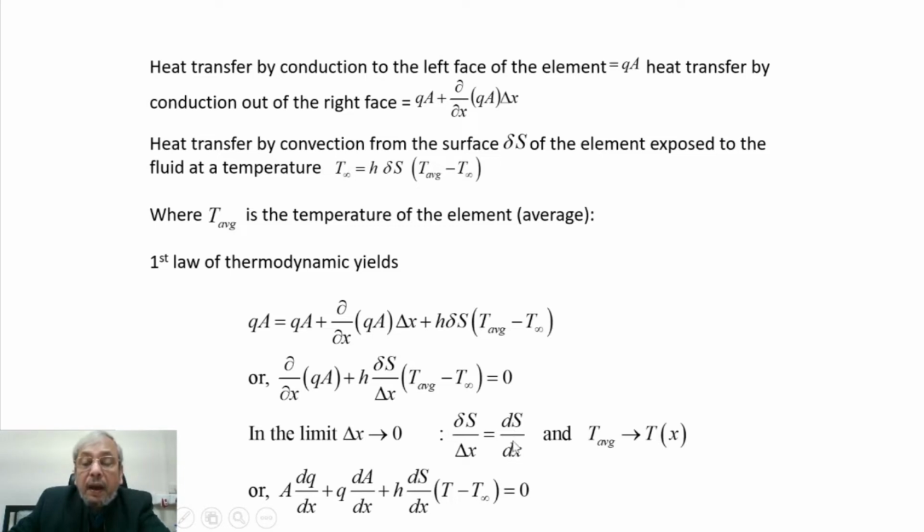That means differentiation of the surface area, and average temperature tends to T, the local T. So we can write from this equation A dq/dx plus q dA/dx plus h dS/dx multiplied by T minus T infinity equal to 0.